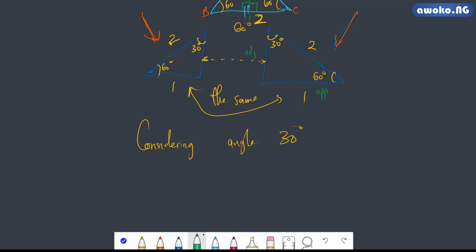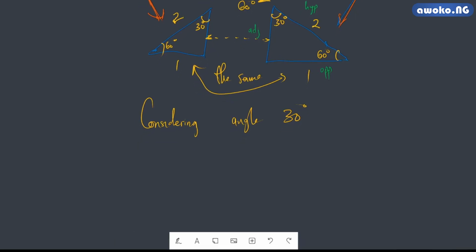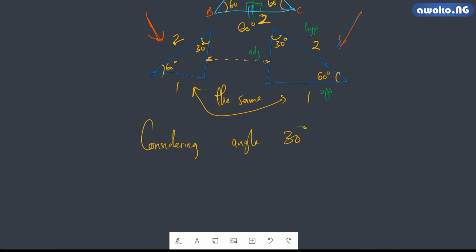This is the adjacent, and of course, this is the hypotenuse for angle 30 degrees. So, considering angle 30 degrees, we cannot analyze it because we don't know the adjacent side, okay? So, we would solve for the adjacent side first before we go over to what we have.